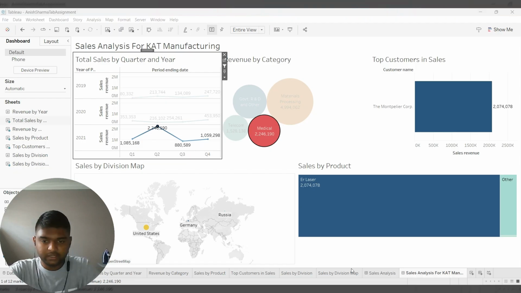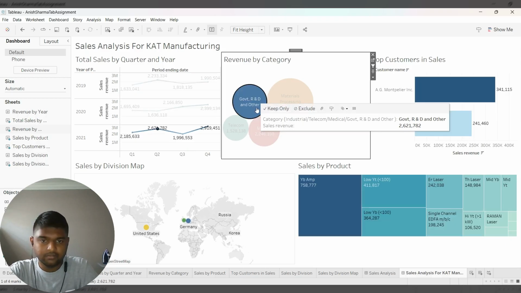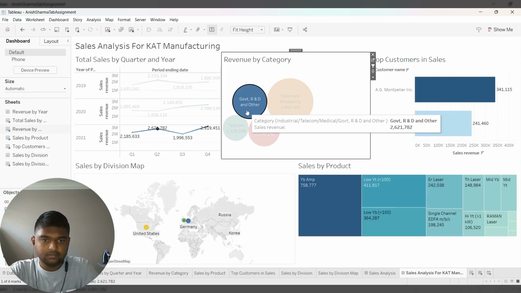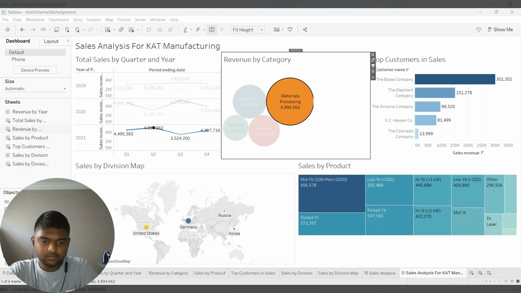Next would be which product had the most sales in 2019 under the materials processing category. So okay, material processing during 2019.